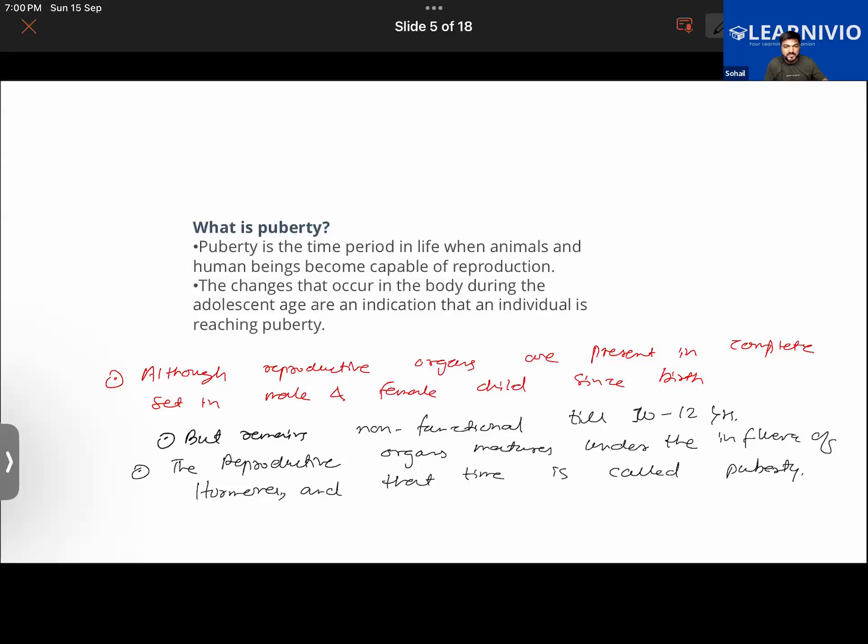So that is the case with puberty. It's basically the period during which adolescent boys and girls reach sexual maturity, and thereby become capable of reproduction. That is what puberty is.